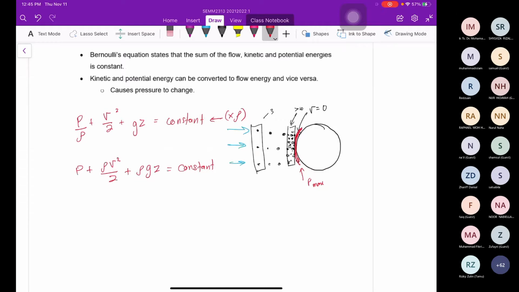Previously, it is flow energy. Now, it is in terms of pressure. Because this one reflects the static pressure, and this one refers to the dynamic pressure. You know dynamic and static. Static is not moving. Dynamic is moving. That is why I have velocity.